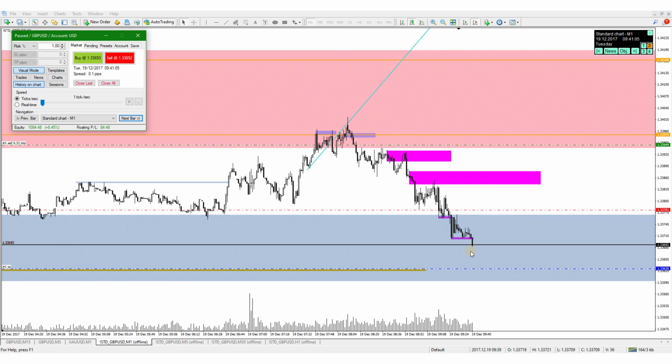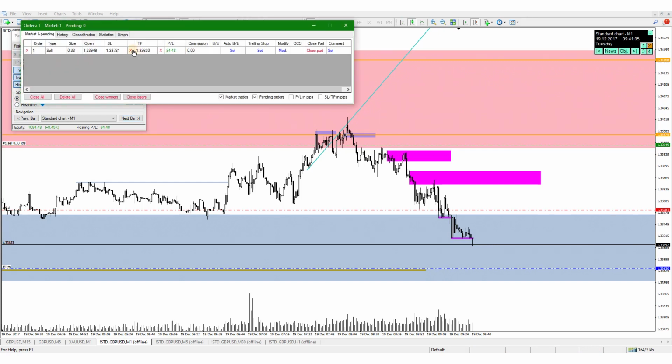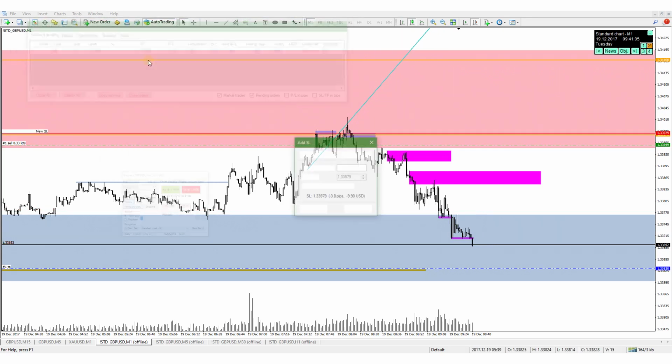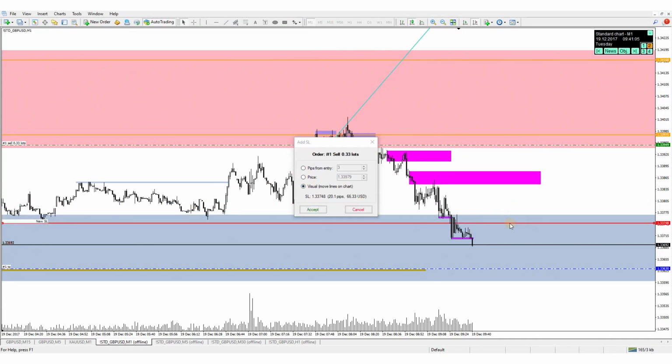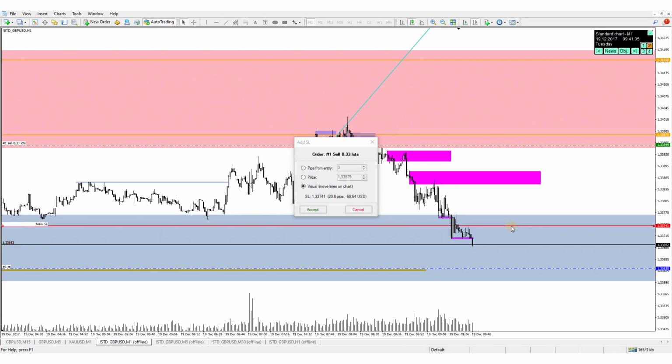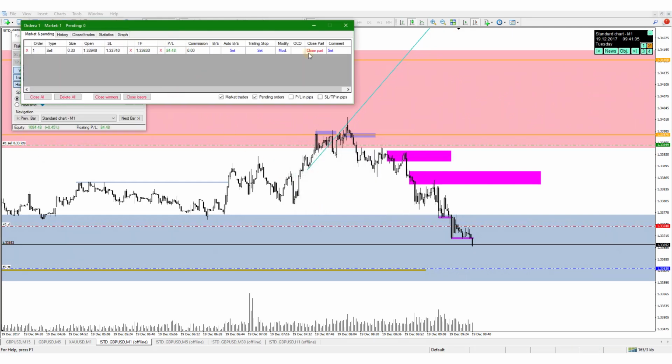I am very deep on the demand, so I really like to secure my position and move my stop loss more in profits. Like this. Or even, yeah, almost 7% up. Very good.